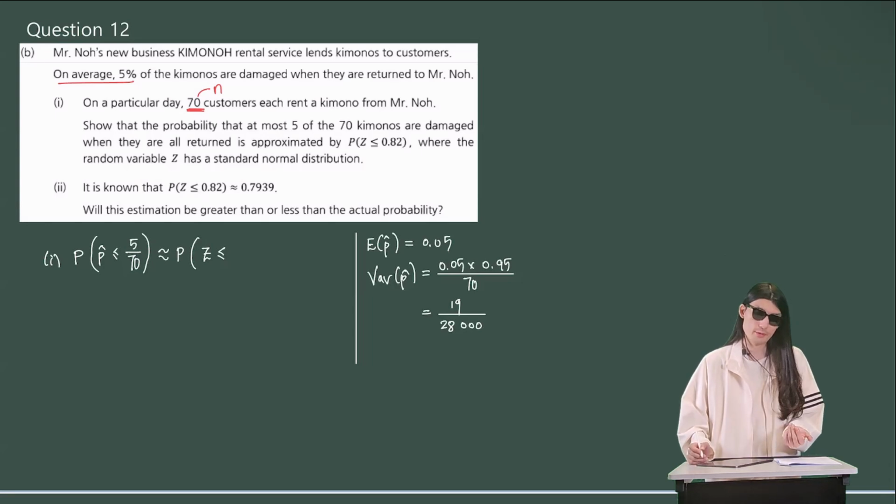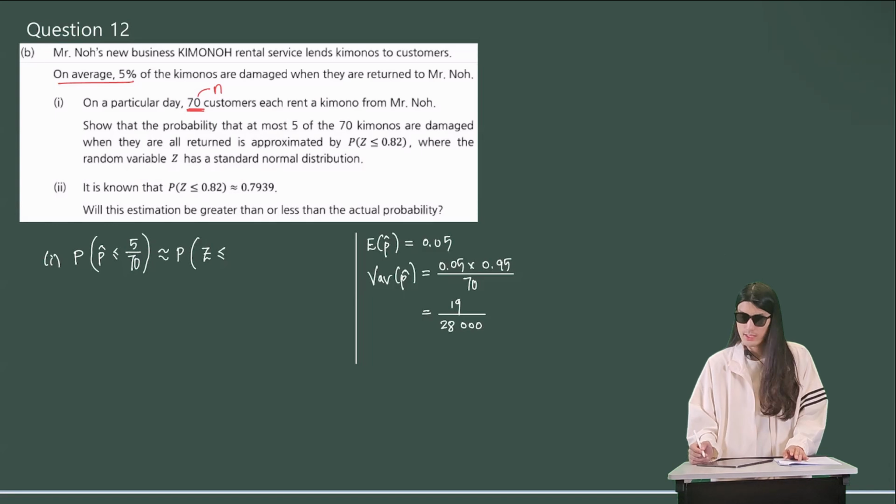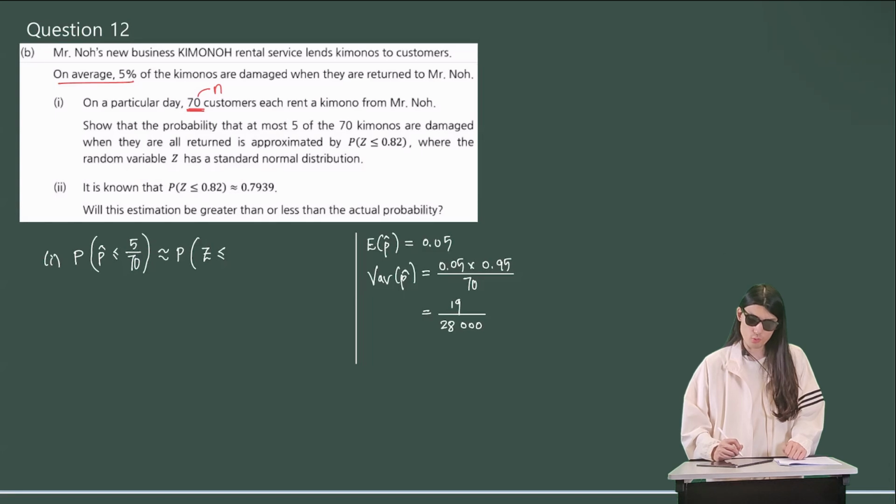And once you know the standard deviation to be the square root of that, and the expected value, the mean, the z-score of 5 on 70 is 5 on 70 minus the mean value divided by the standard deviation.